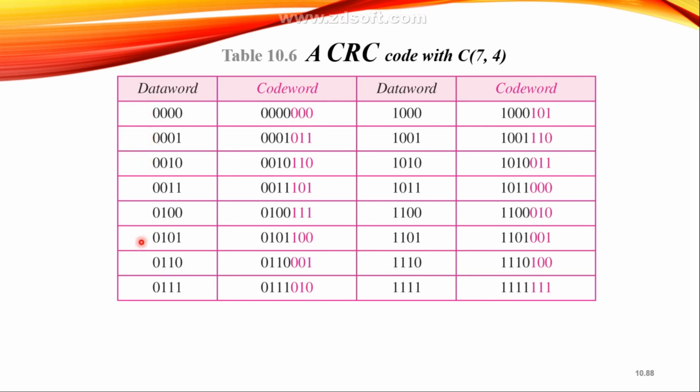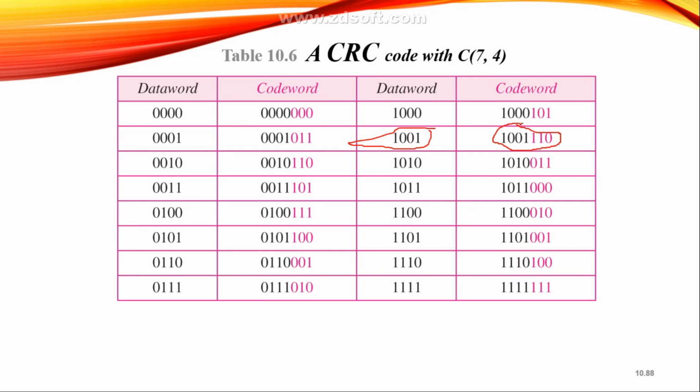For each data word there is a corresponding code word. To understand this, we are going to see the example of data word 1001, and how its code word is generated.